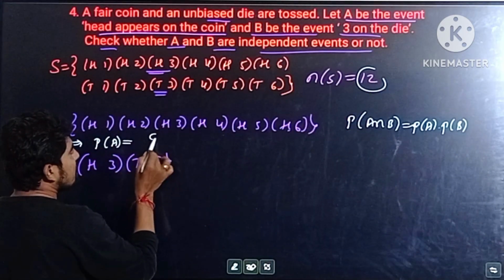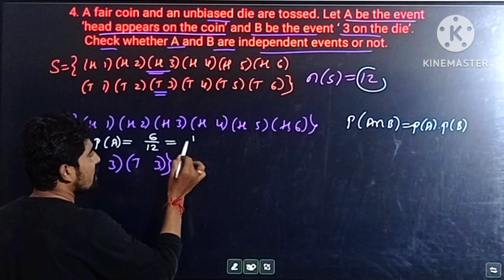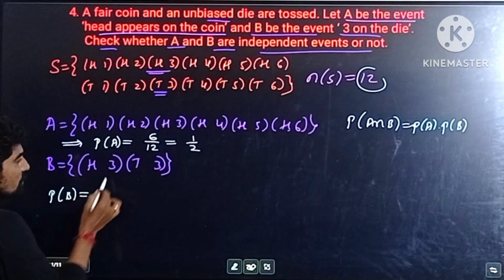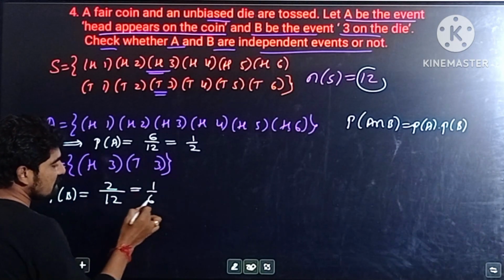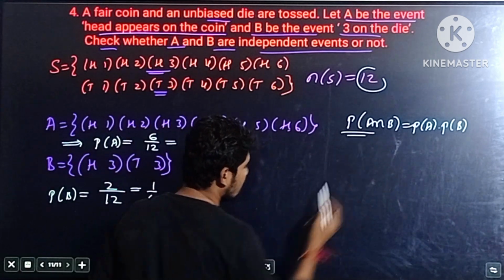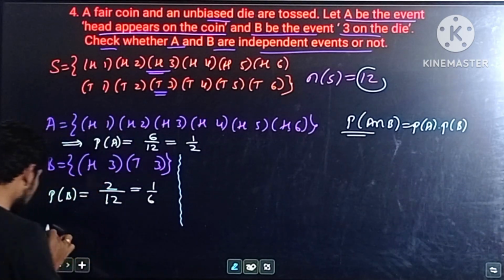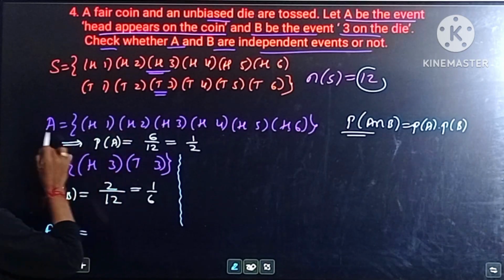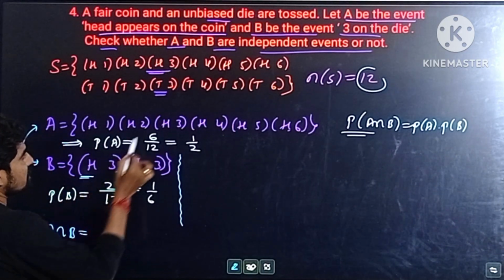Therefore, 6 divided by 12 is the probability of the event A, or you may say 1 divided by 2. Similarly, the probability of the event B is 2 outcomes in B out of a total of 12 outcomes. So 1 by 6 is the probability of the event B. And we need the probability of A intersection B. A intersection B means the common outcomes in A and B. There is only one common outcome, that is H3.